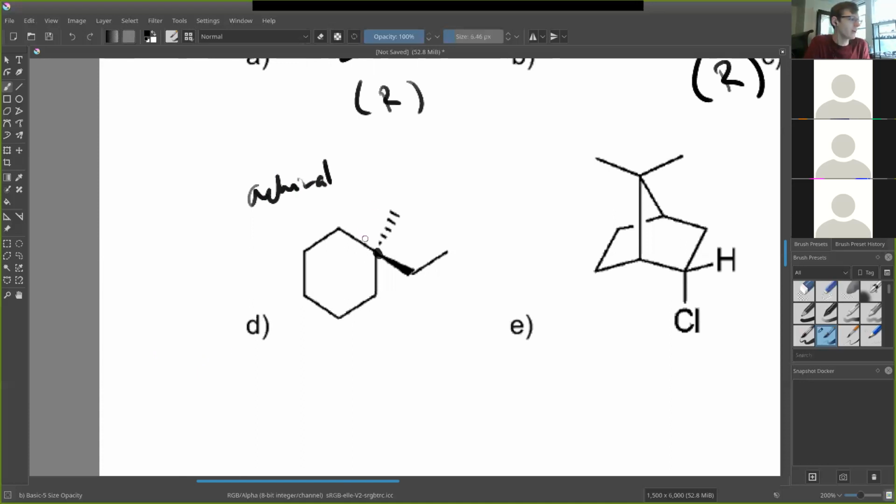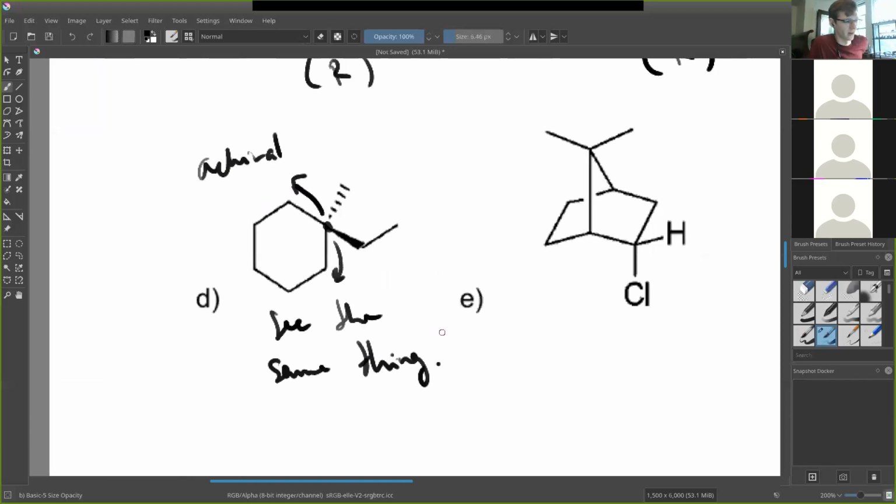The other way to think about it, if you look this way and this way, you see the same thing. So it's achiral, right? Also, if you try to number it, you get stuck with 2 and 3. I guess it's the same thing, but exactly, right.